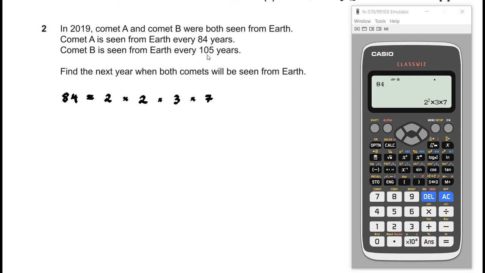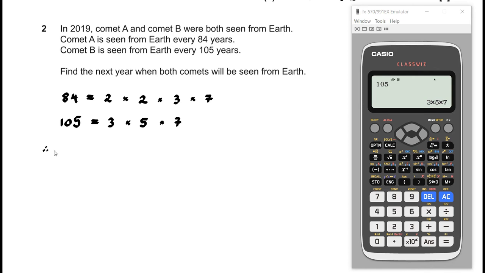And if we find the factors of 105, if we type in 105 into our calculator and then press equals, and then the factor button, we see that 105 is equal to 3 times by 5 times by 7.